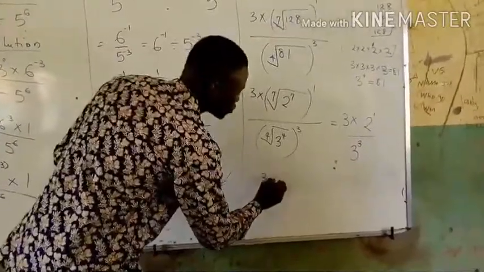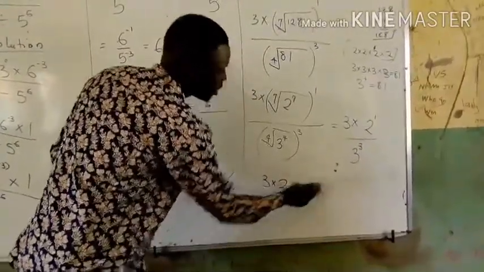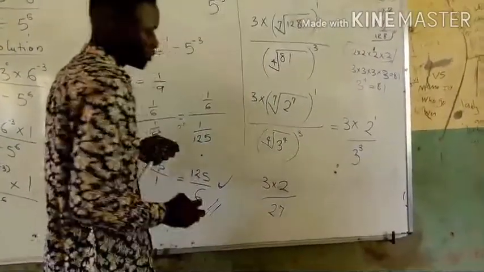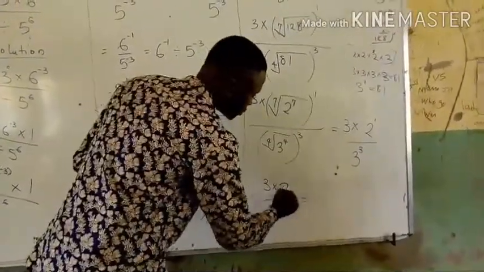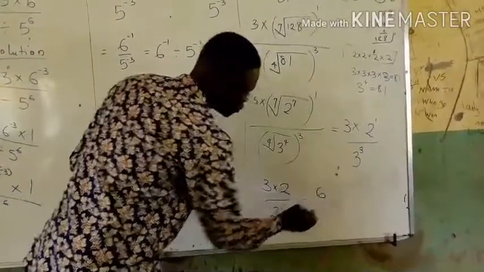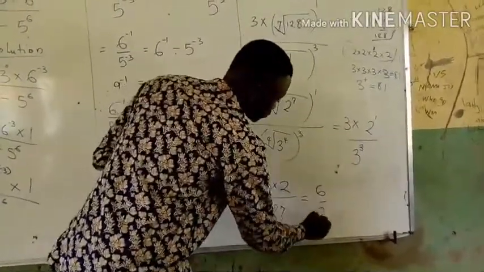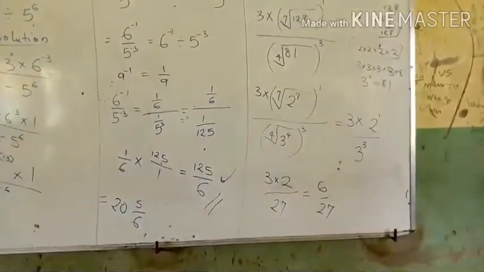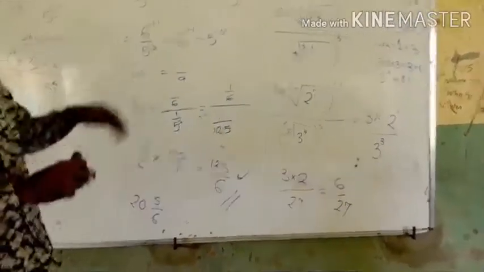That is 3 times 2 all over 3 raised to the power 3 gives us what? 27. That means when we multiply, we have what? 3 times 2, 6 over what? 27. So I believe with these few examples you can solve.